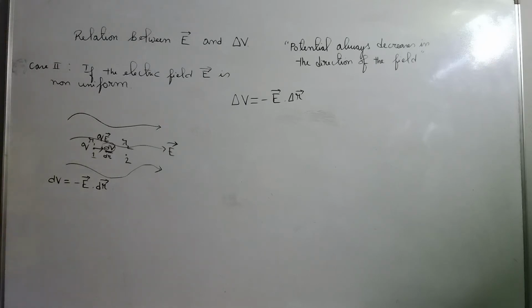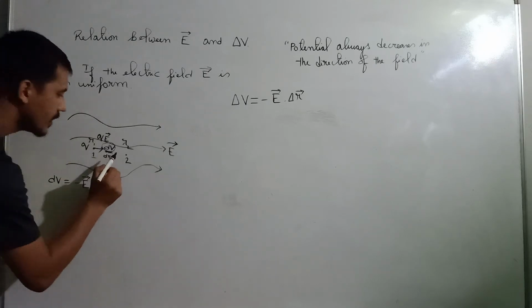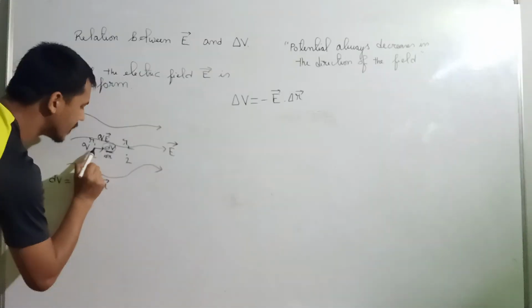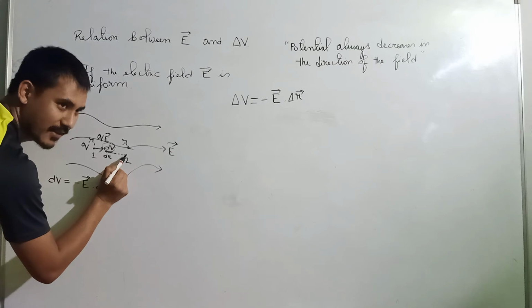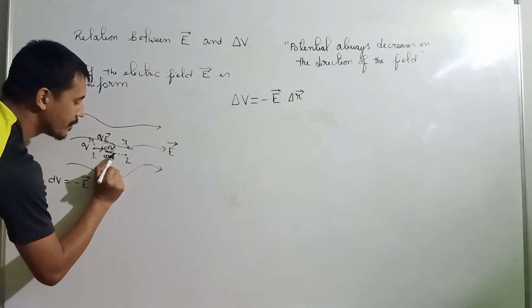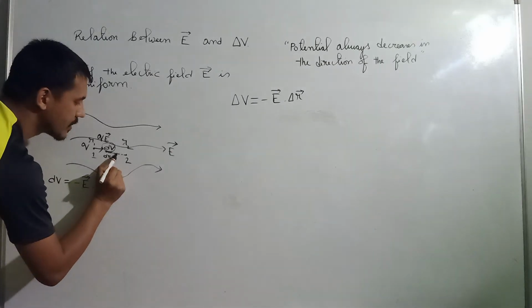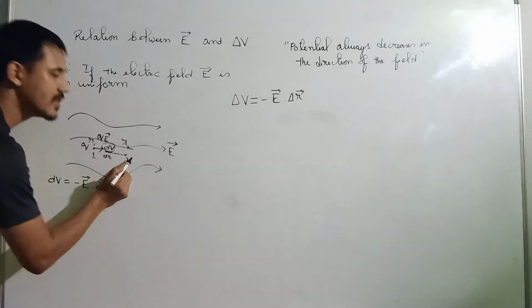Now let's make this easy. Shall we divide all of the displacement from 1 to 2 into small drs, so that the electric field over all these drs will be constant?